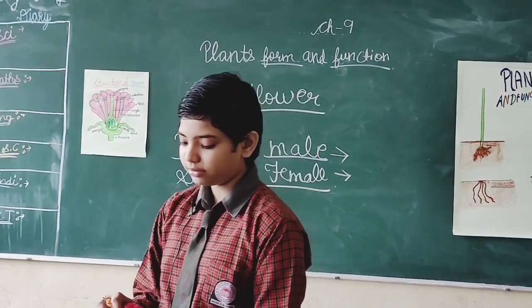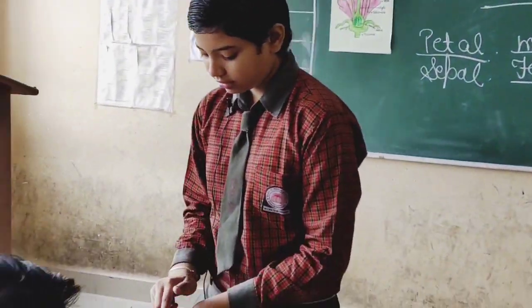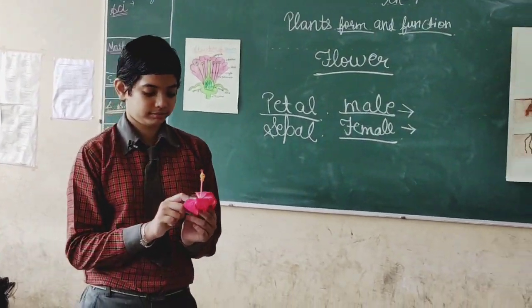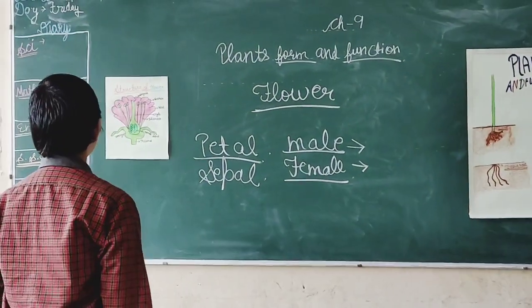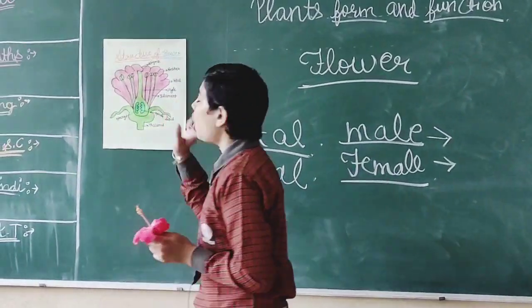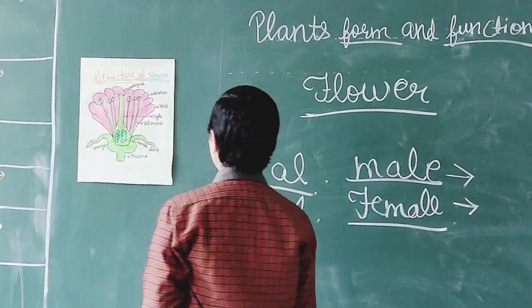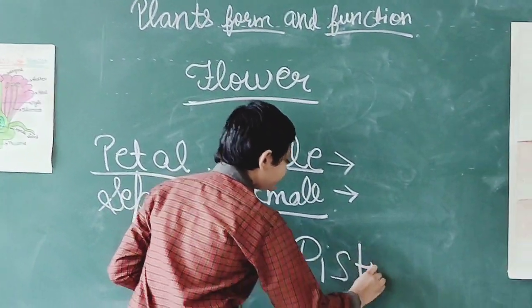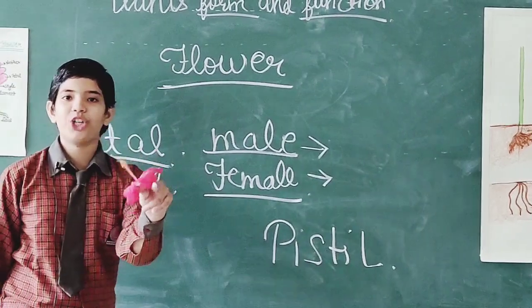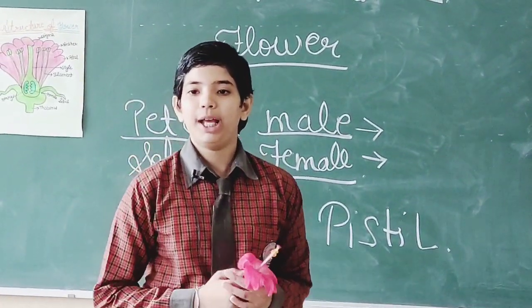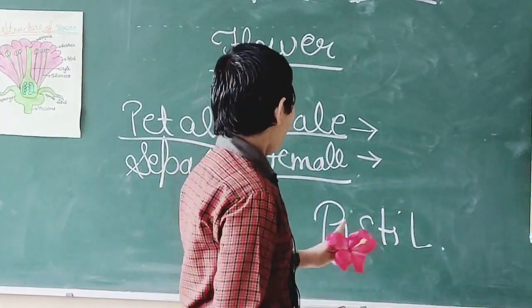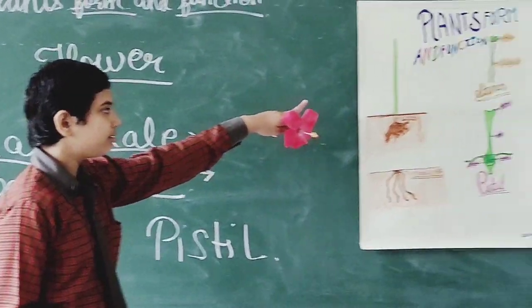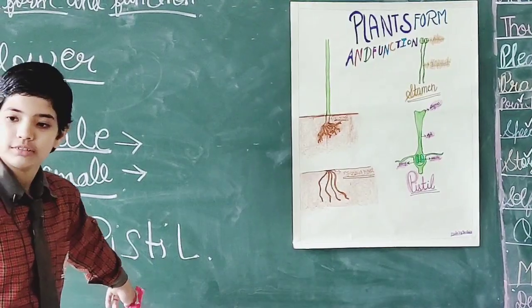We call the female portion pistil. And the male portion, stamen. The male portion is stamen and the female portion is pistil.